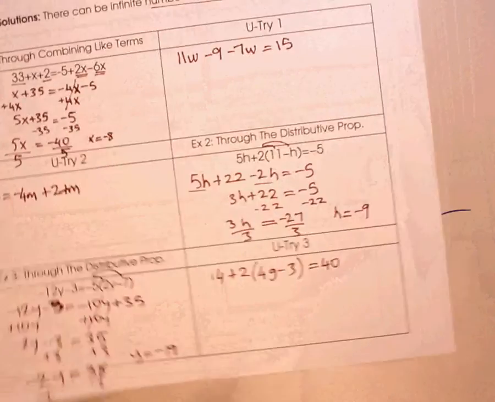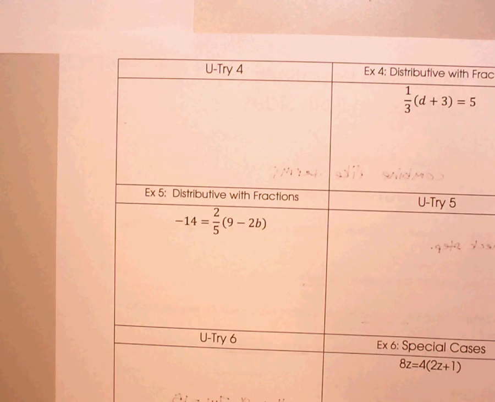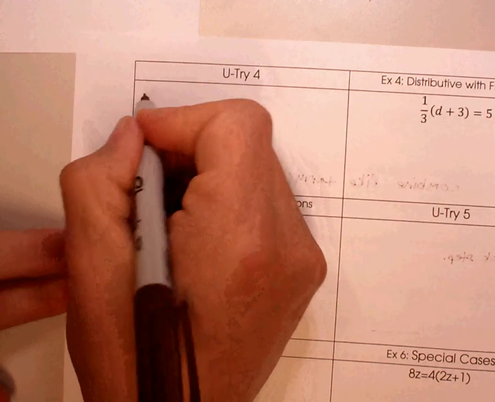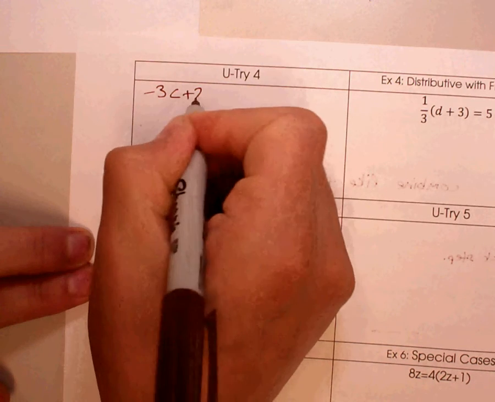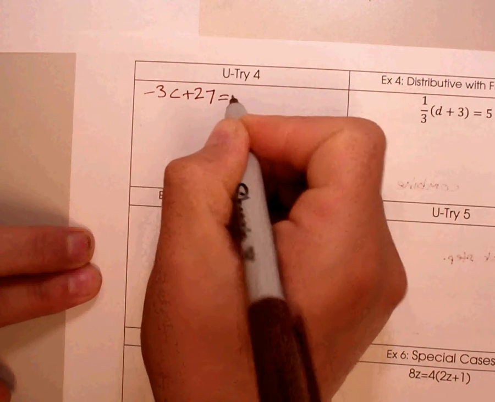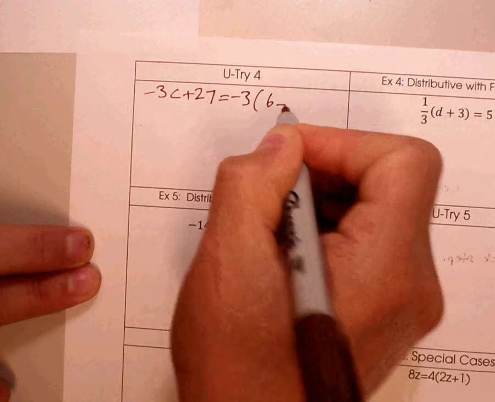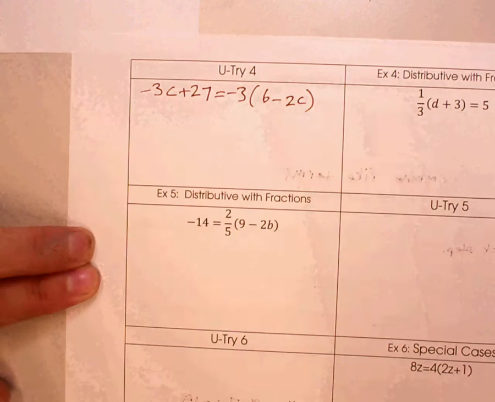Here's your next U-try. U-try number 4. Negative 3c plus 27 is equal to negative 6 minus 2c. Solve and check your answer.